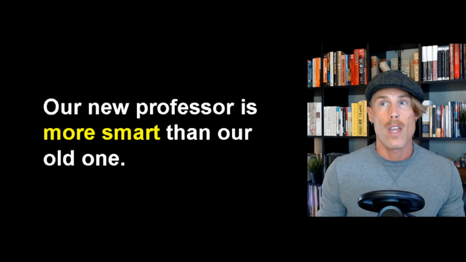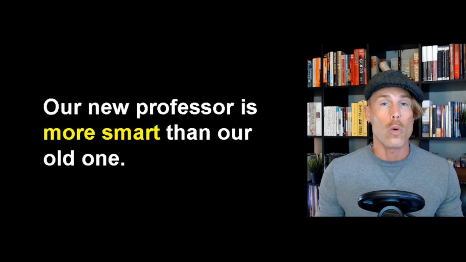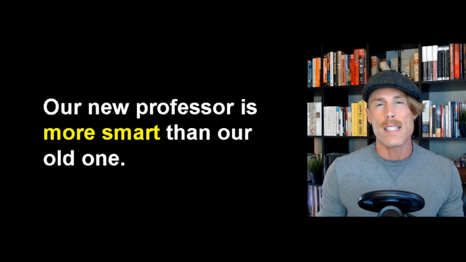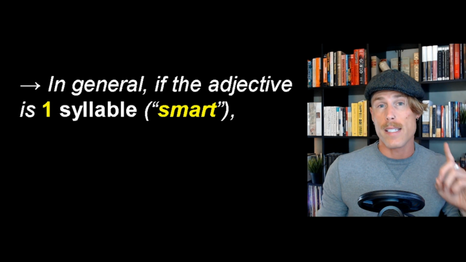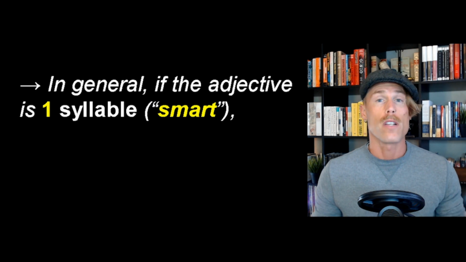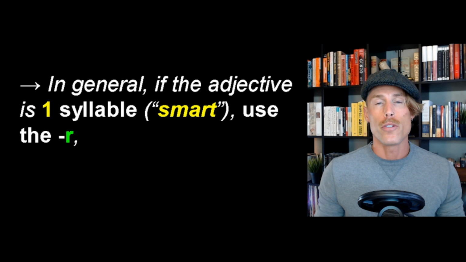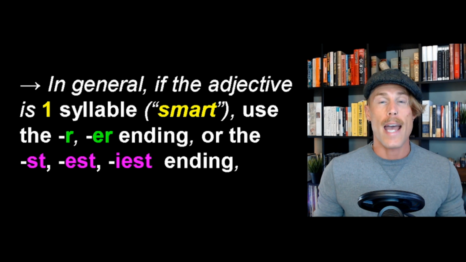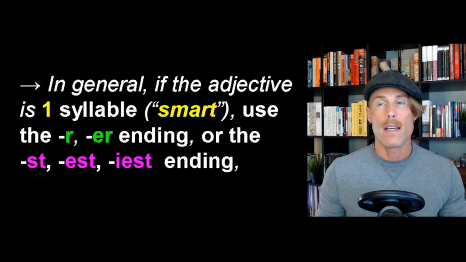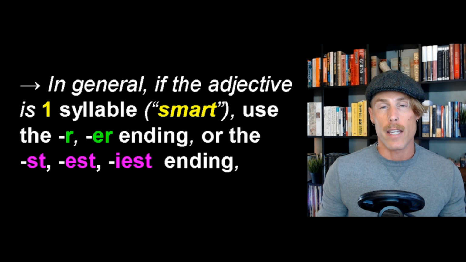Last one. Our new professor is more smart than our old one. Why is this incorrect? Well, in general, if the adjective is one syllable, for example, smart, use the R, ER ending, or the ST, EST, IEST ending.